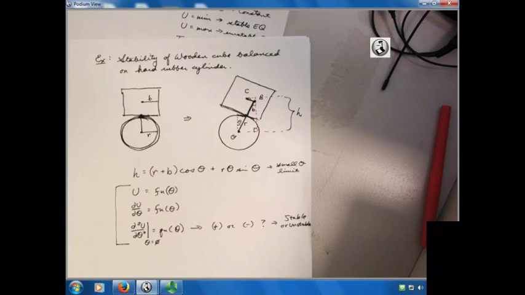So if R is much larger than B, then it would be stable. You get R theta cosine theta minus B sin theta, times mg, of course.